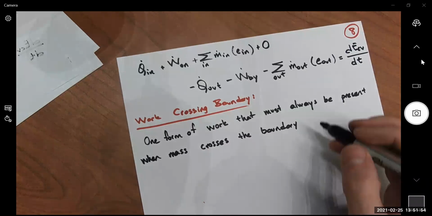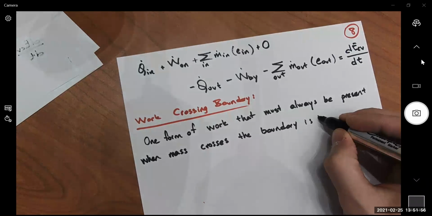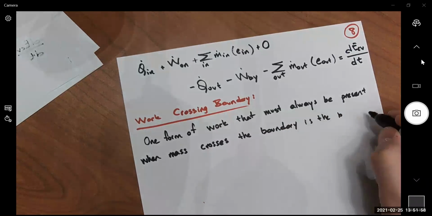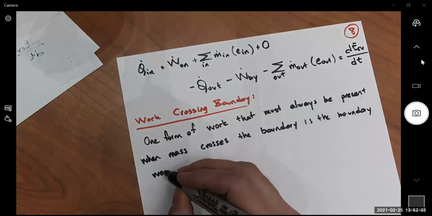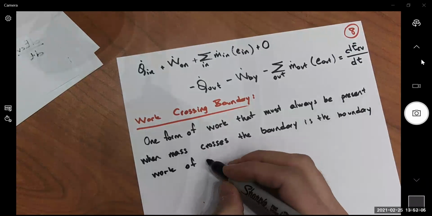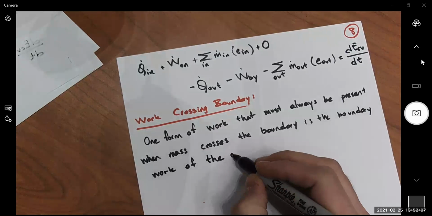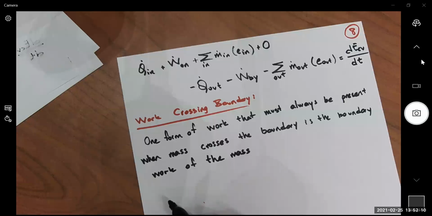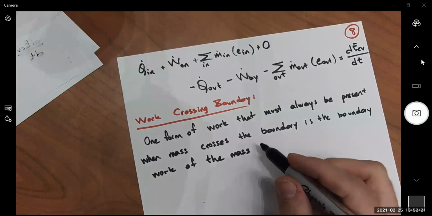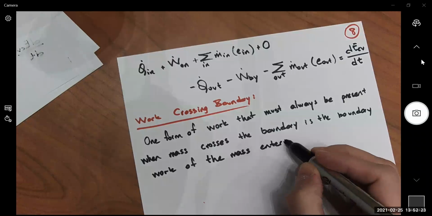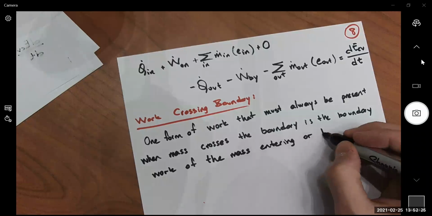And this is called the boundary work. Boundary work is done by mass, caused by mass entering or leaving the system. Okay? Of the mass entering or leaving.